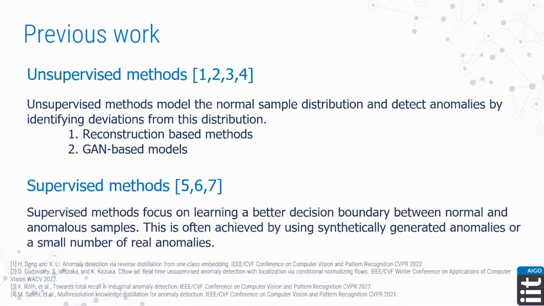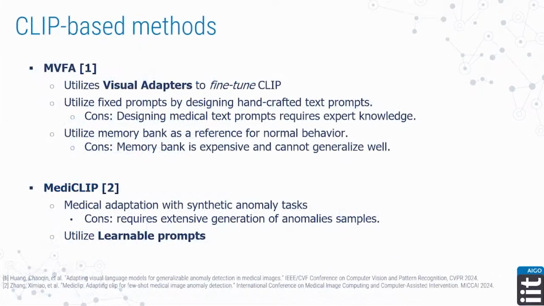These methods resort to reconstruction or generative adversarial networks. The supervised methods instead leverage a few samples, either normal or abnormal, and also use synthetically generated anomalies in order to find better boundaries between these two distributions, normal and abnormal.